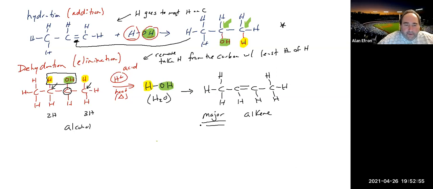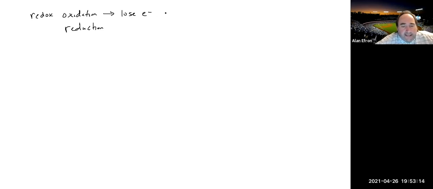Now, some other important reactions that alcohols undergo are basically redox reactions, if you will, oxidation and reduction reactions. So really an oxidation, as I mentioned earlier, has several definitions: losing electrons, gaining oxygen as you go from reactants to products, losing hydrogen as you go from reactants to products.